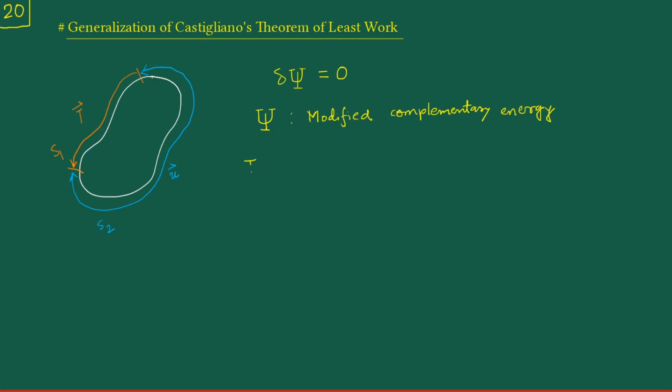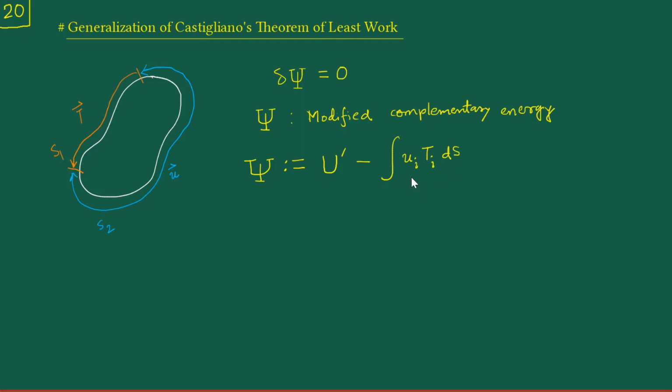So it is defined as U dash, which, as we have mentioned in the previous lecture, is the complementary energy, minus the integration of u_i t_i dS.